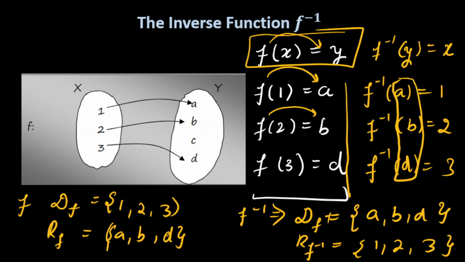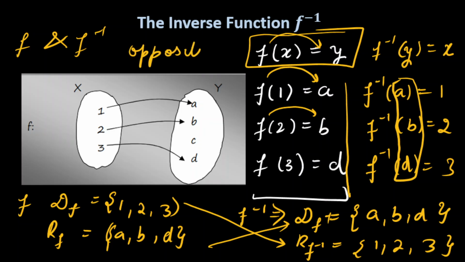So what we can see here, when we are seeing the inverse function, domain and range, they are interchanging. Whatever was domain in case of f, now the same thing is range in case of f inverse. Same goes for range as well. So from here we can see f and f inverse are opposite to each other.